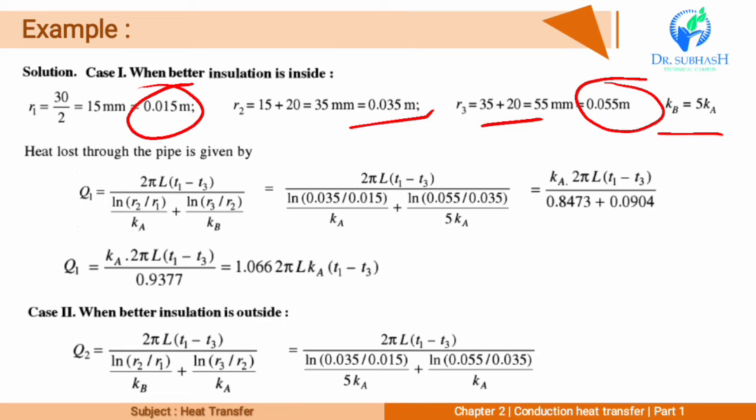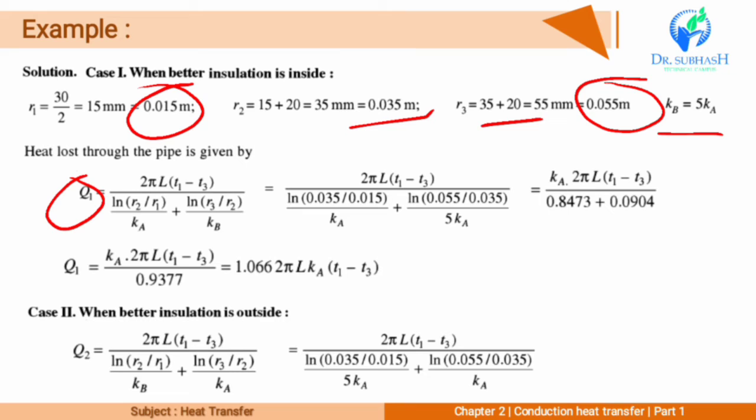So now from the heat conduction equation, heat loss through the pipe is given by Q1. Why say Q1? Because it's case number 1. So Q1 is equal to 2 pi L (T1 minus T3) divided by ln(R2/R1) divided by Ka plus ln(R3/R2) divided by Kb.